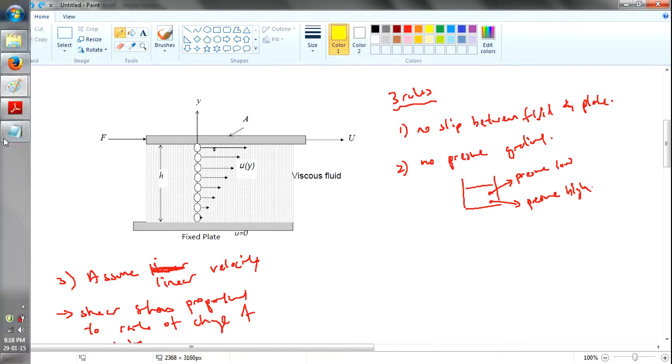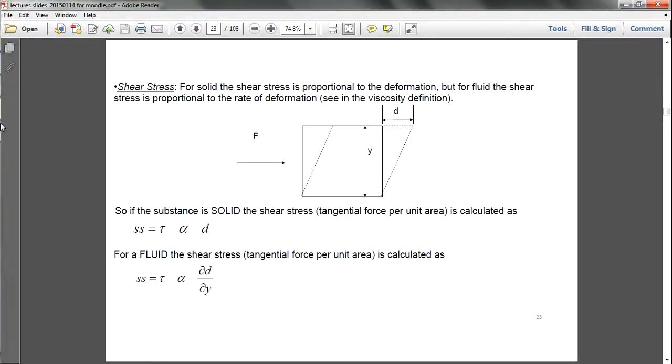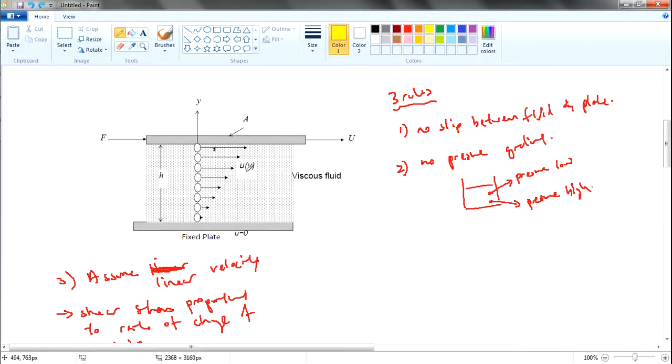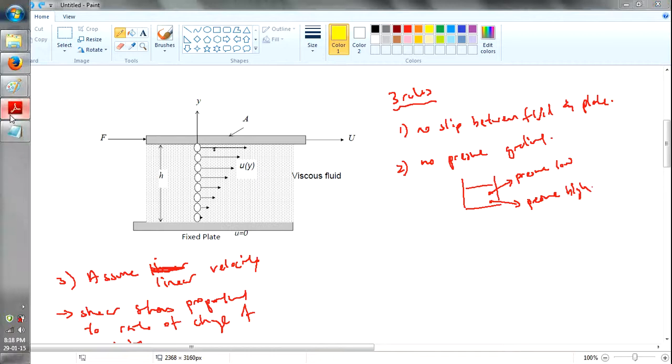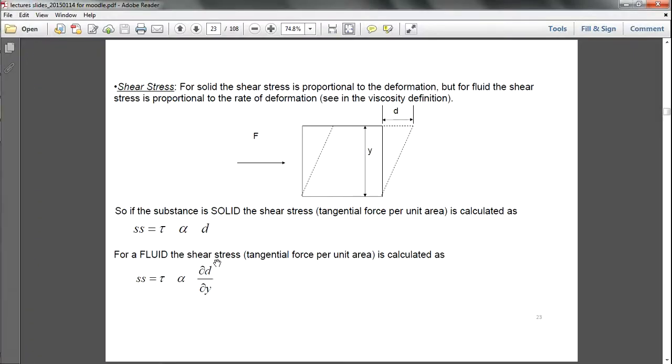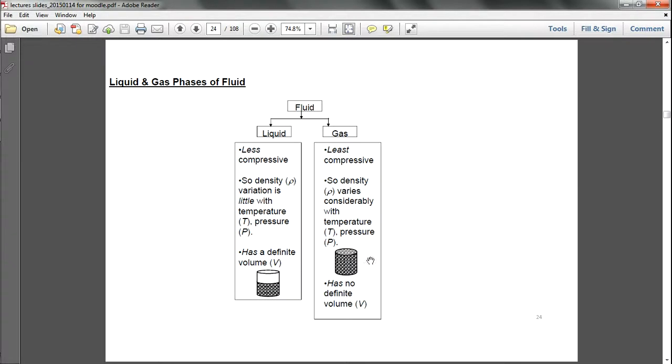So it depends on the rate of change of velocity. So the difference is that for solid it is proportional to the deformation, and for fluid proportional to the rate of deformation.